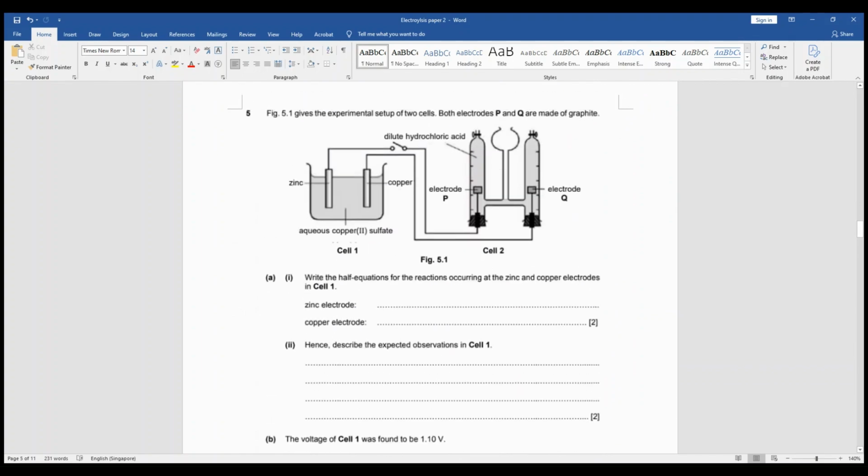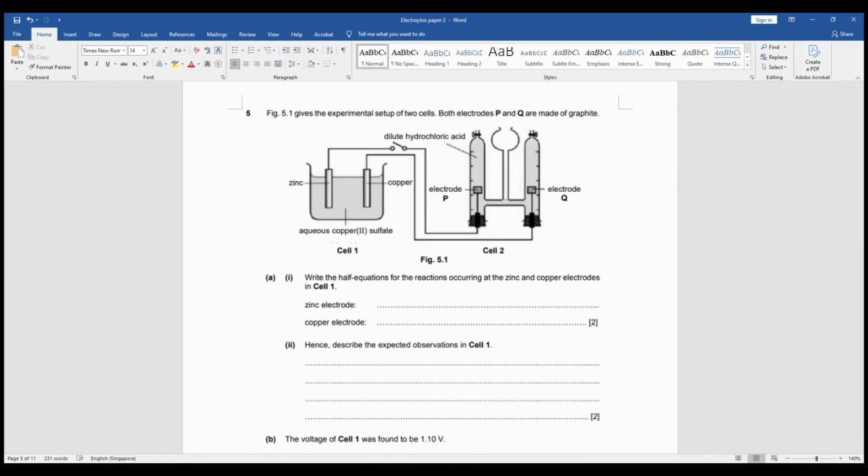New question. Electrodes P and Q are made of graphite, which is inert, so we have no issue of reactive electrodes. But we have copper and zinc, so that's a simple cell instead of a normal battery.